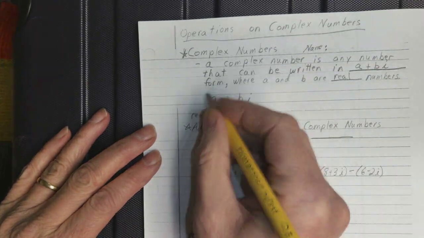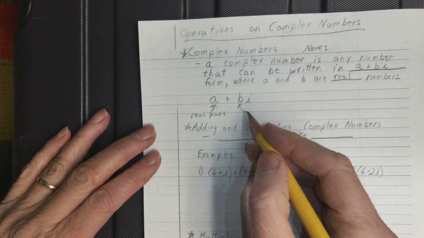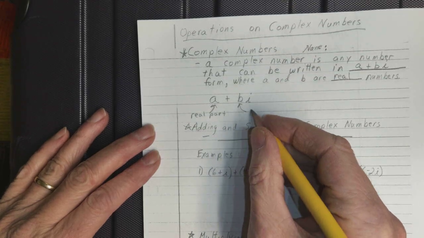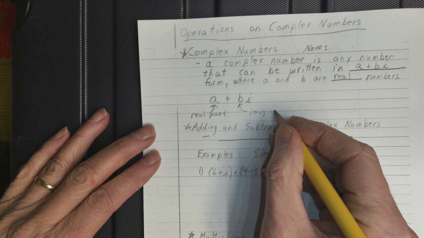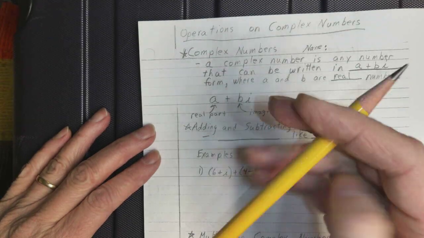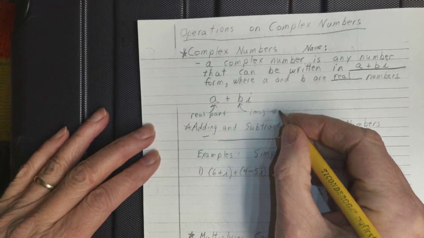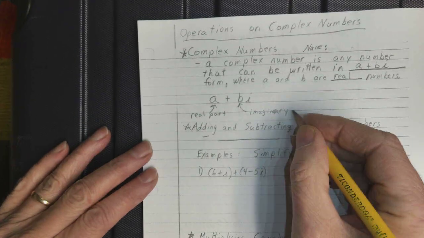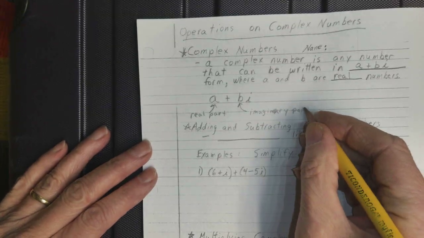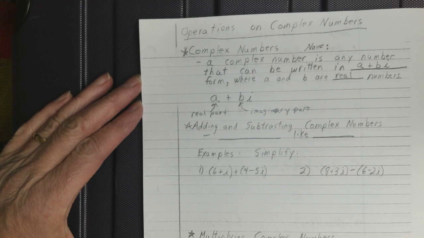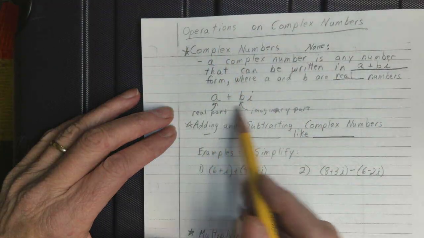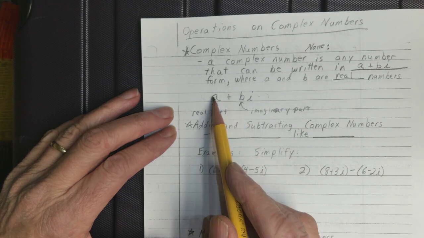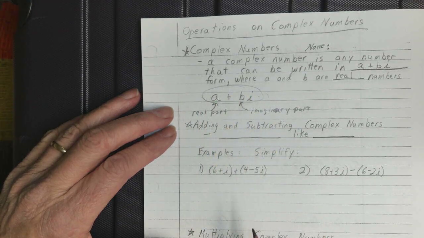This whole thing is the complex number, the whole expression, and b is the imaginary part. Okay. Now we are going to be working on operations on complex numbers. The whole thing is the complex number here.